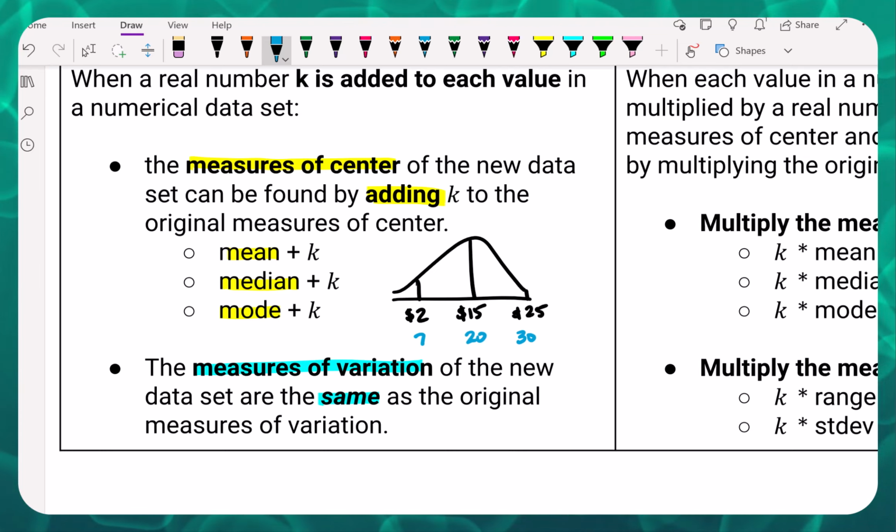Your range, the difference between the minimum and the maximum, is going to stay the same, okay? Except for your measures of center, on the other hand, all of those are going to increase. So your mean is going to increase to 20, and your median is going to increase by 5, and your mode is going to increase by 5 if you have a mode, okay?